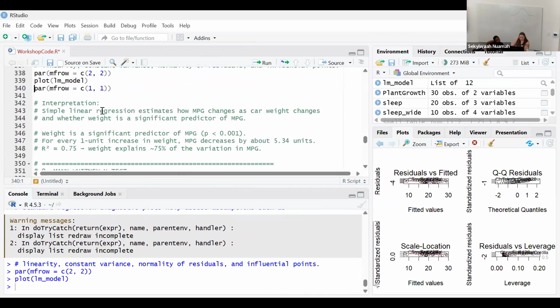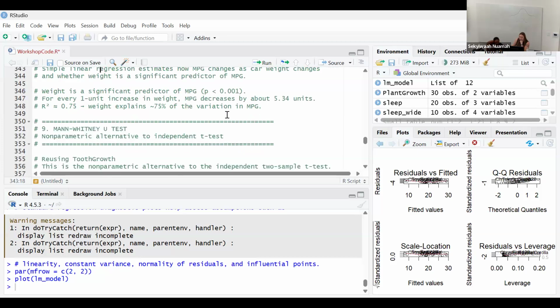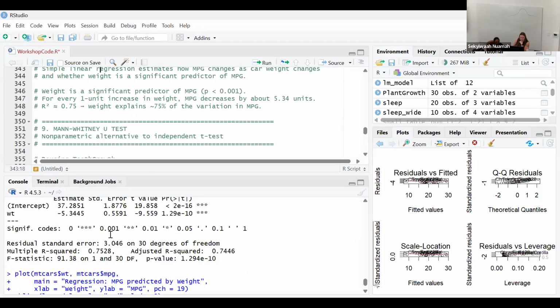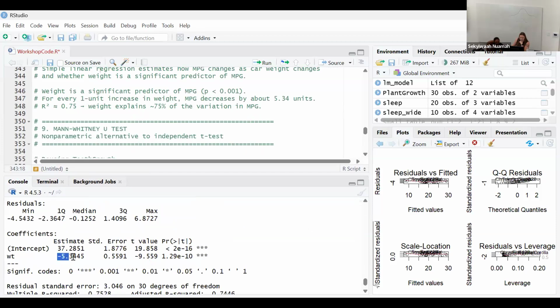So our simple linear regression is going to estimate how miles per gallon changes as car weight changes and whether weight is a significant predictor of miles per gallon, which we determine it is because the p-value is significant. If we want to go back and interpret the coefficient that we got from the summary, this is our coefficient for weight.